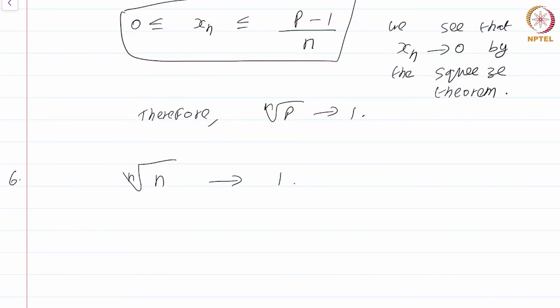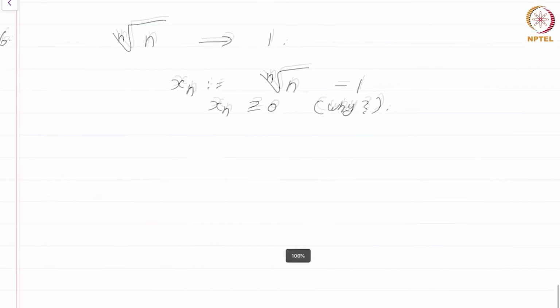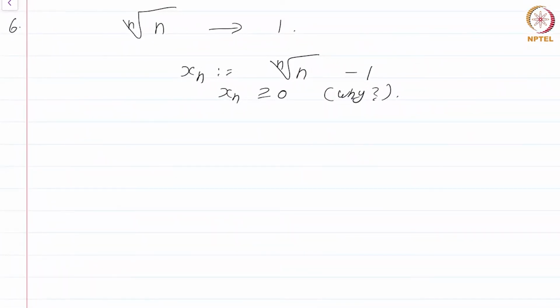Again, to tackle this, we will transform the sequence into a sequence that we would want to converge to 0 by setting xn to be nothing but nth root of n minus 1. Okay. Again, xn will be greater than or equal to 0, and I want you to think about why this is true.